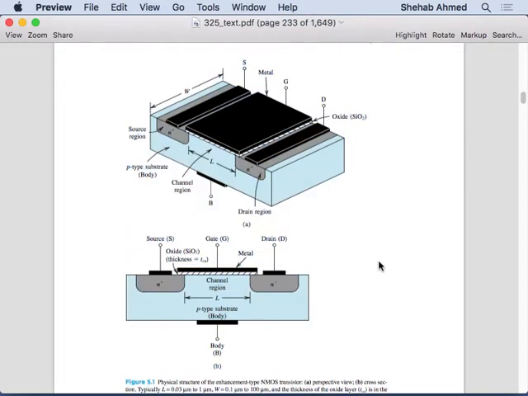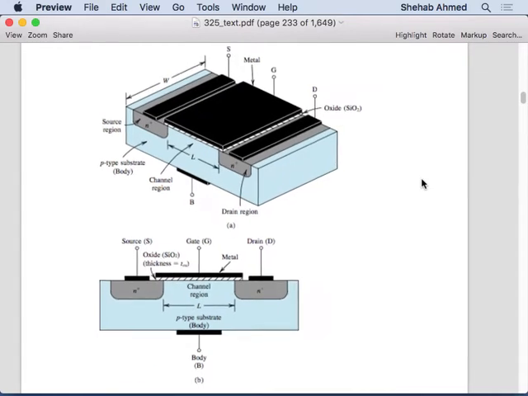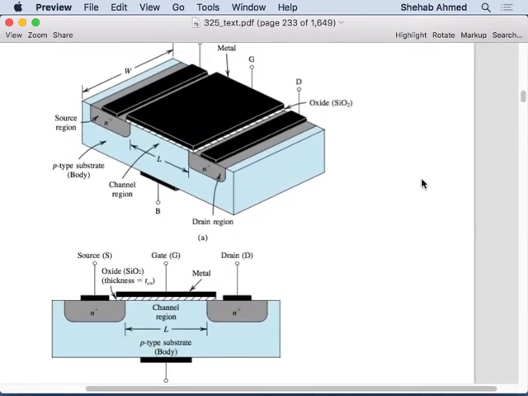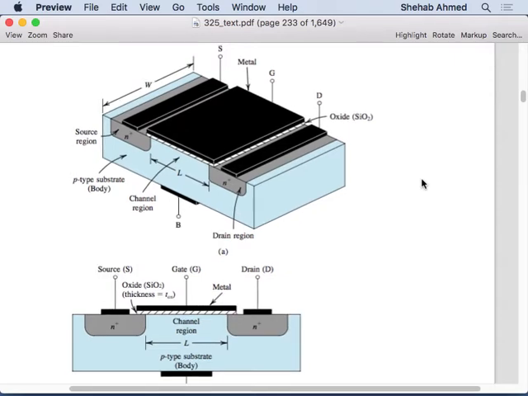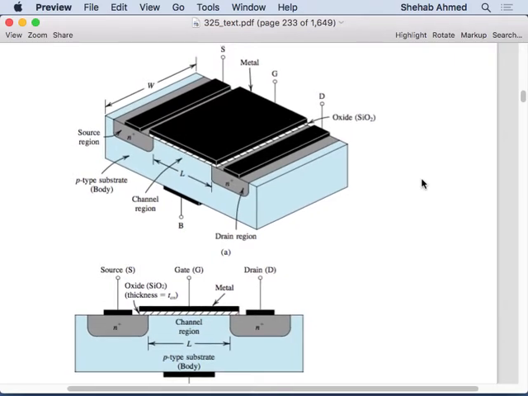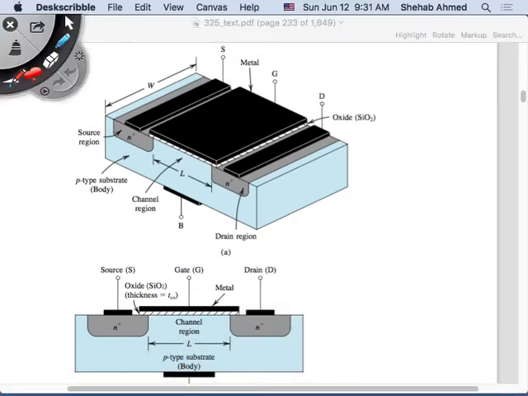I want to put both pictures in the same. Okay. All I'm missing is just a B at the bottom here. Okay, that's all I'm missing here.